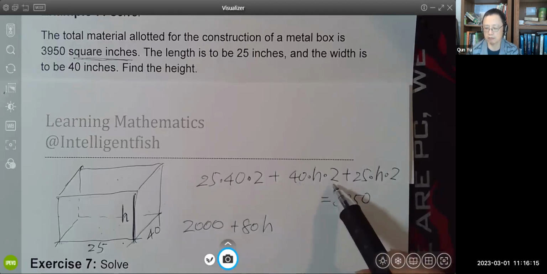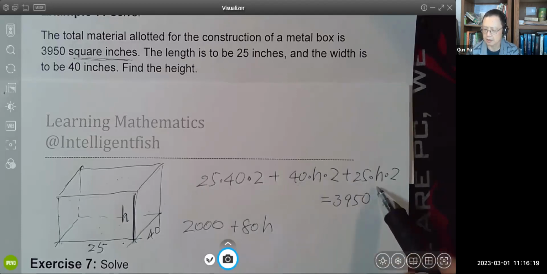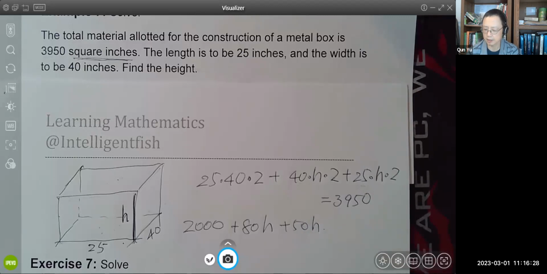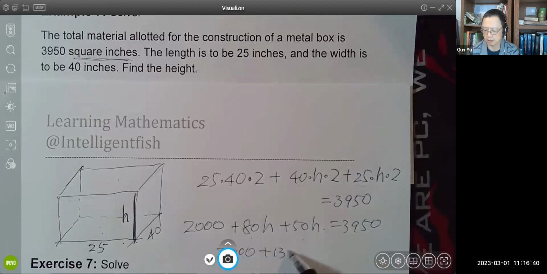And the last one is 25 times 2, 50h. Now equals 3950. And these two can be combined: 130h, so 2000 plus 130h equals 3950.